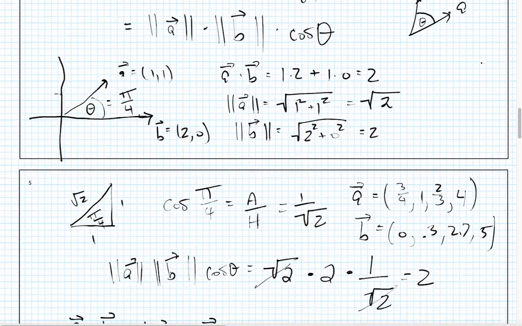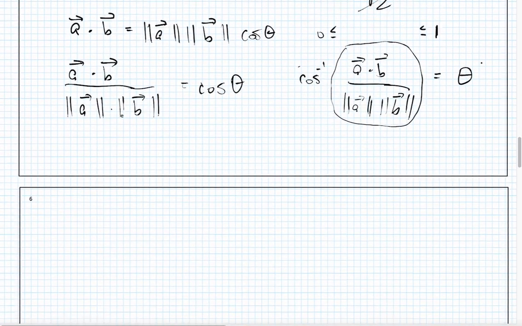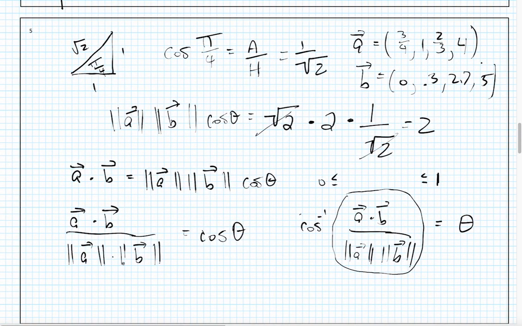So what that tells me, in this calculation, if I'm dealing with A's and B's that always have non-negative components, is that the angle between them is always going to be between 0 and 90 degrees.